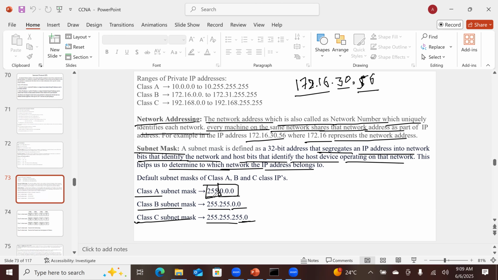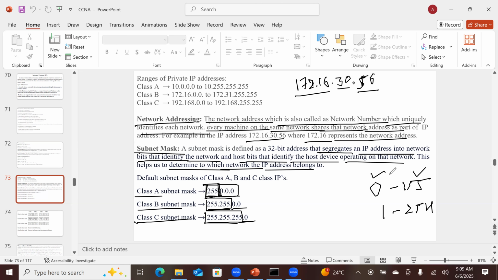That means we can't vary the first octet in class A, the first two octets in class B, or the first three octets in class C. We can only make changes wherever there is a 0, between 0 and 255. We can't give 0 and we can't give 255, so we can only give 1 to 254.